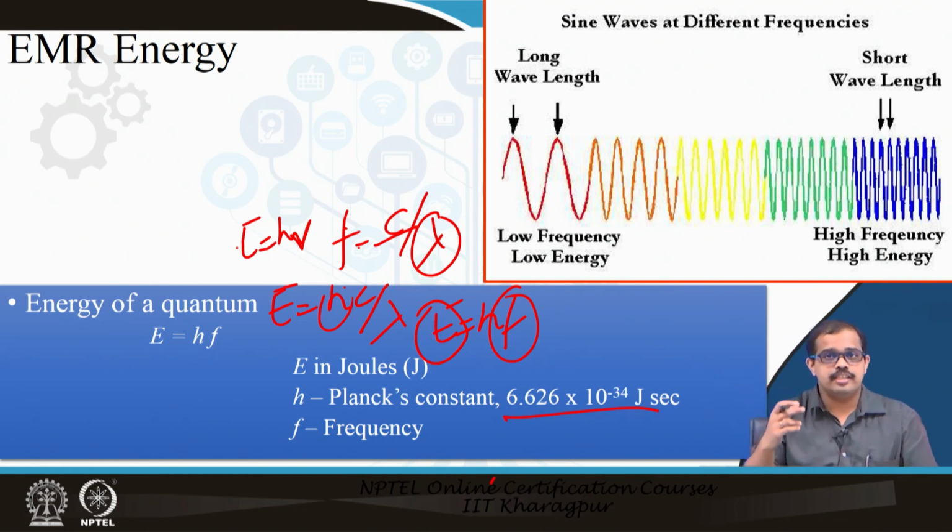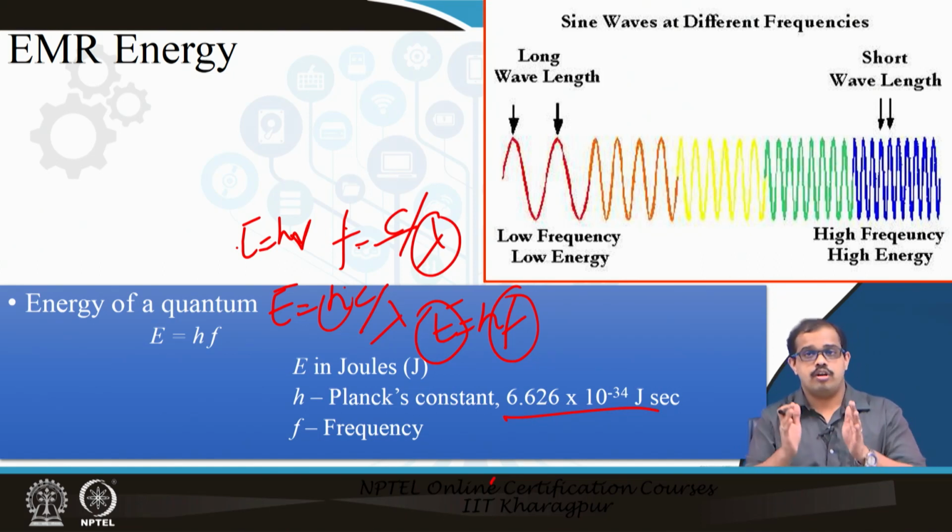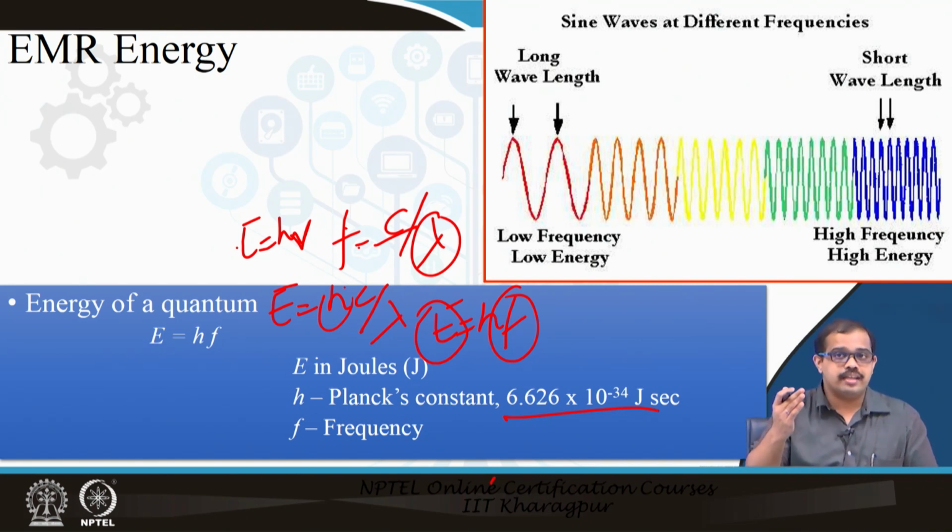So, it is easy to capture more information in a longer wavelength, compared to a shorter wavelength with high energy and high frequency. So, this is how it is implicated in your remote sensing.